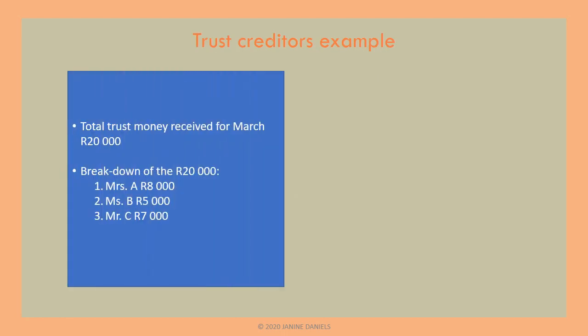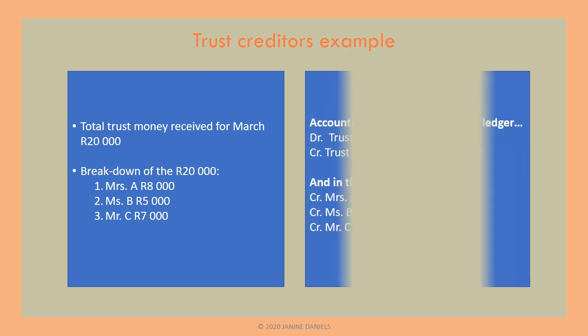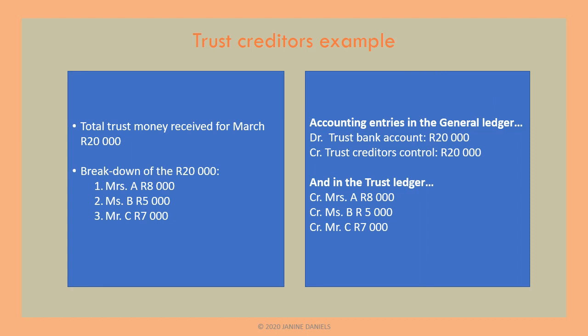Let's assume the total trust money received for March is 20,000 Rand. And this 20,000 Rand comprises 8,000 Rand belonging to Mrs. A, 5,000 Rand to Miss B, and 7,000 Rand to Mr. C. On receipt of the money, we would debit the trust bank account with 20,000 Rand and credit the trust creditor's control account with 20,000 Rand.